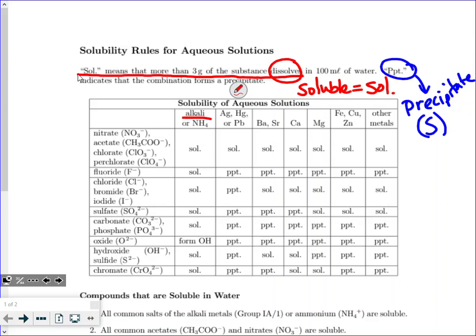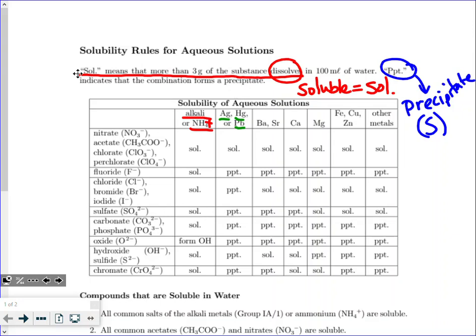Anything that's an alkali metal, that's group 1 metal. Anything with ammonium, which would be +1 there, as you can see, are all soluble. So if you see lithium, sodium, potassium, rubidium, any of the alkali metals within the compound, it's automatically soluble. If you see ammonium in the compound, it's automatically soluble. Now, this is the interesting part here. You've got your silver, mercury, lead combos.